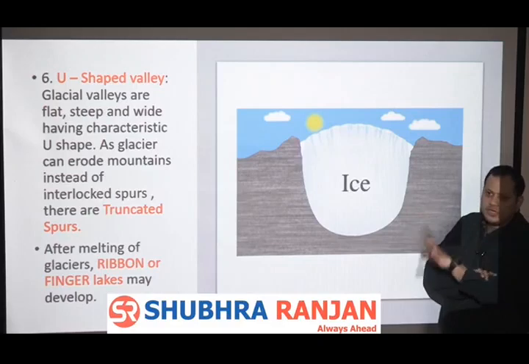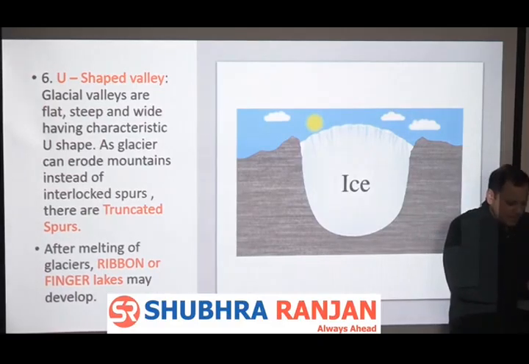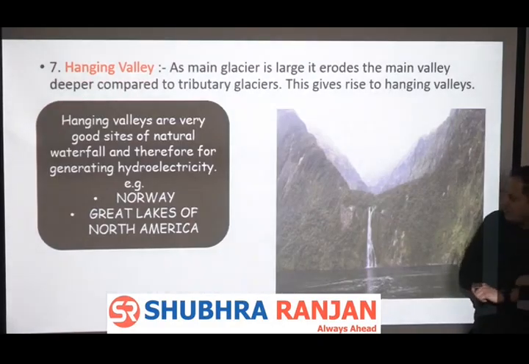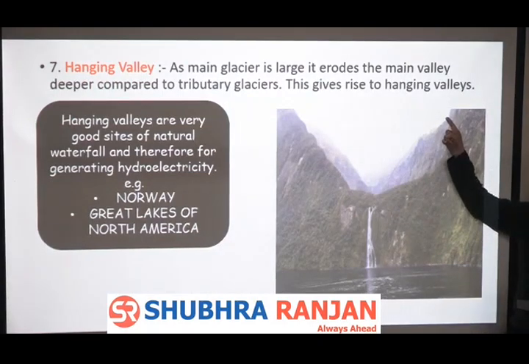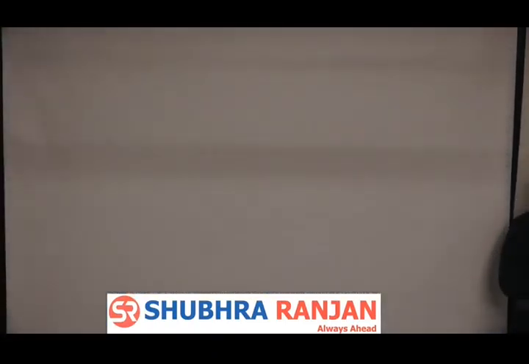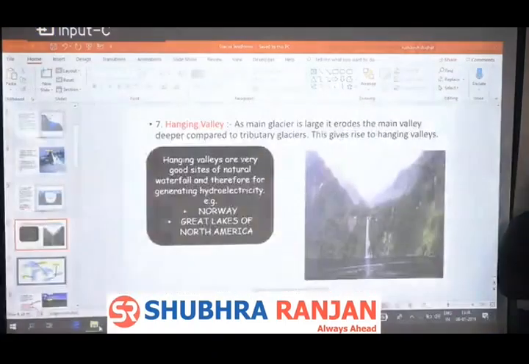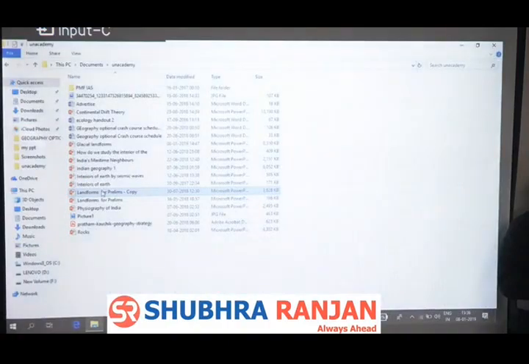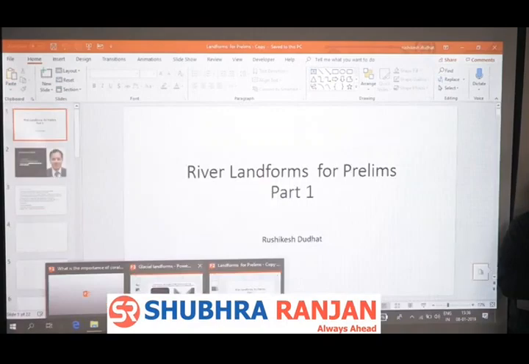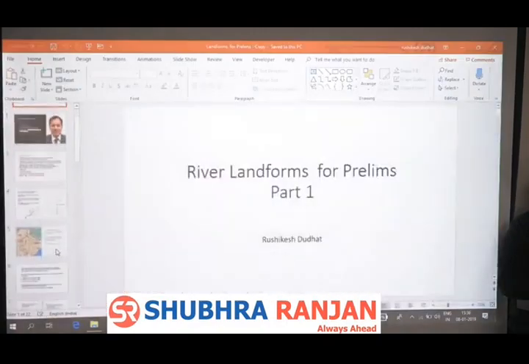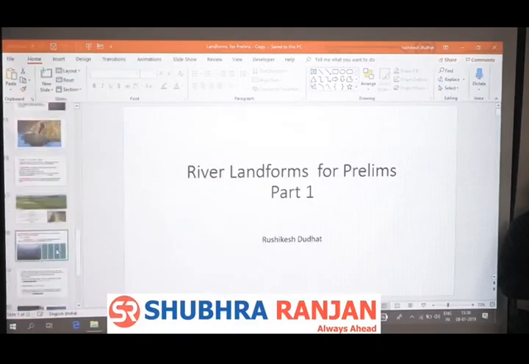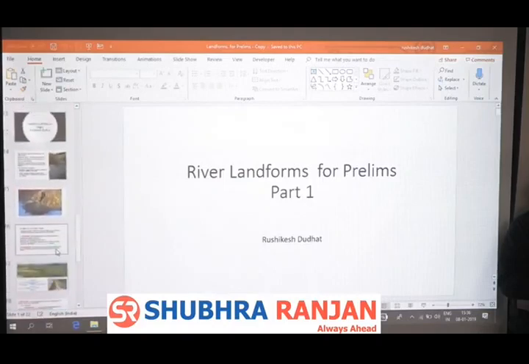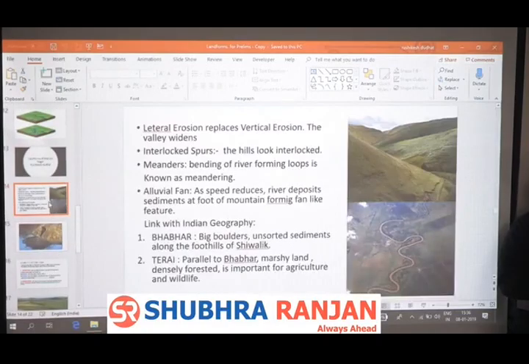For now just remember what a U-shaped valley is. Understood? And this is an example of a U-shaped valley. Getting it? The glacial melt has happened. This is the river's valley.